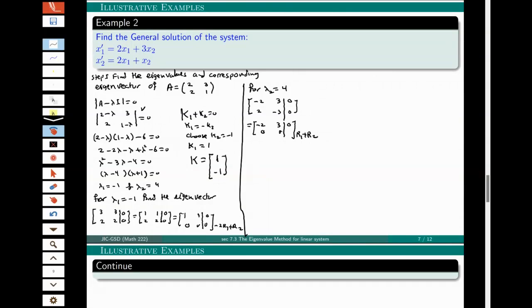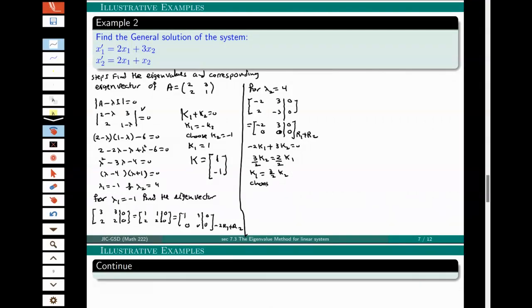If we add them, that will be 0, 0, 0, which means I will have minus 2K1 plus 3K2 is 0, which means 3K2 is equal to 2K1, which means divide by 2, I will have K1 is 3 over 2 K2.